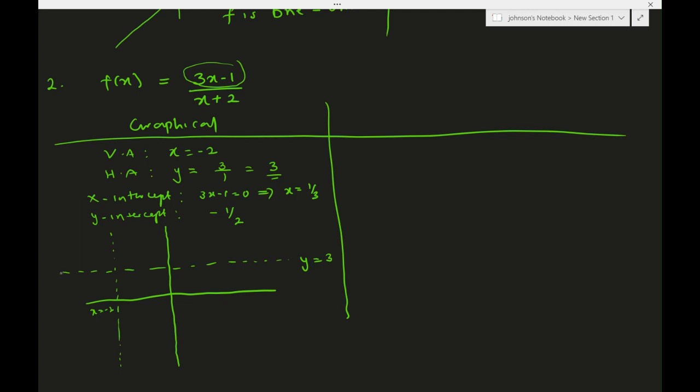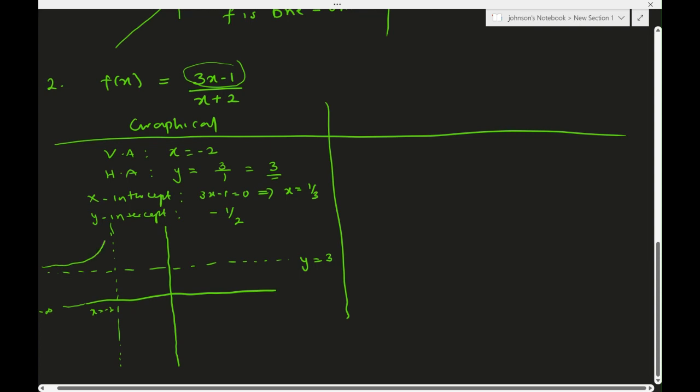Then now we need to know where the function will be. So here we take test points, and we can take any point between minus infinity and minus 2. And if you try that, you will see that the value is going to be more than 3. So we're going to have something like this here, but we cannot cross.